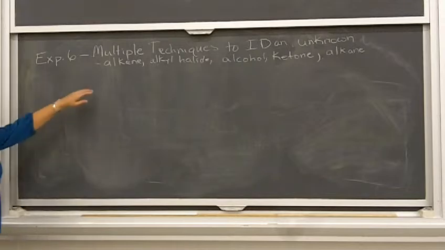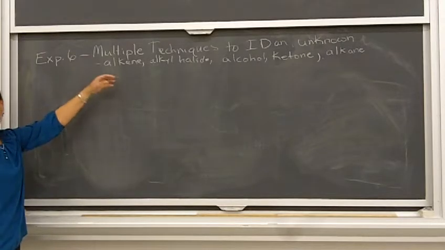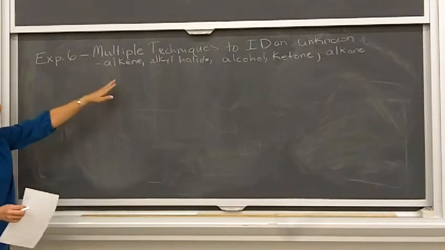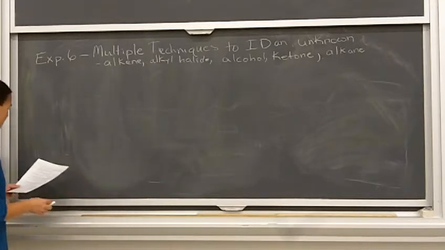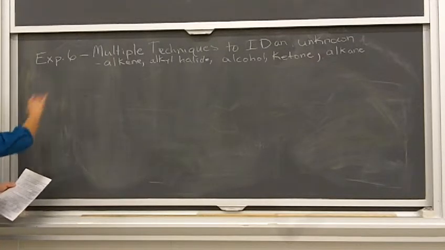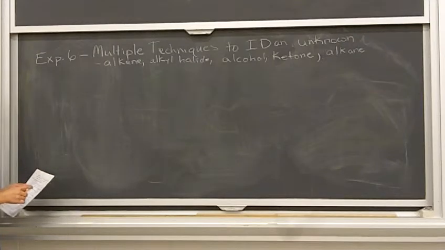And these don't necessarily have to be straight chain, right? They could be rings, things like that, okay? But these are the functional groups that you are looking for this week. So we're going to use many techniques to figure out what your unknown is.